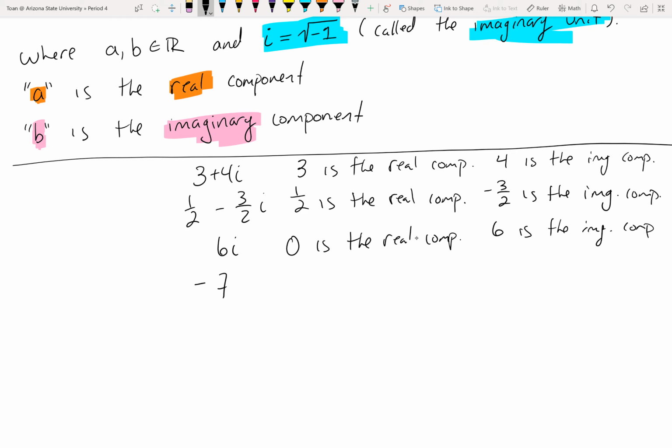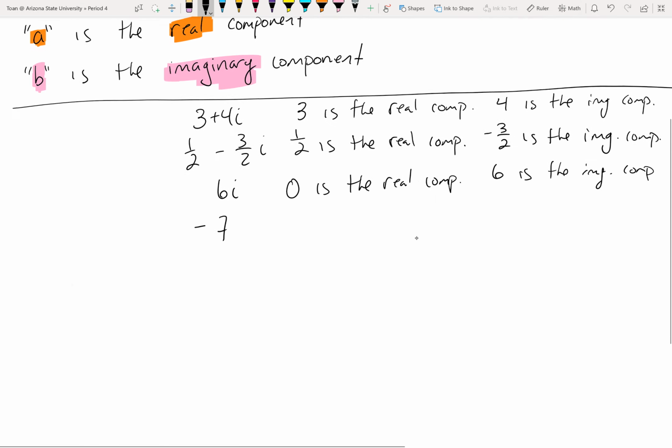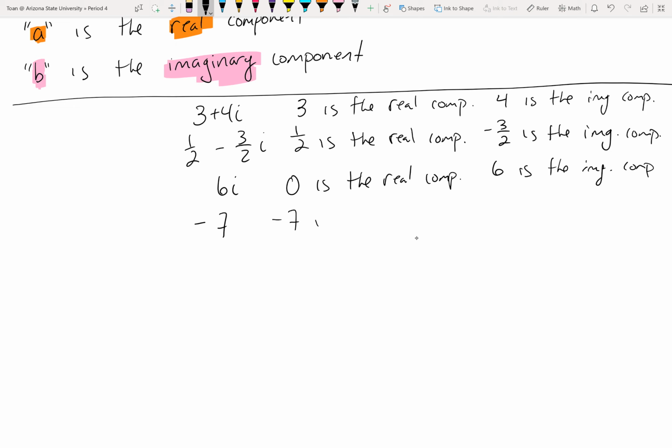And for the last example, it's the same but flip-flopped. -7 is the real component, and 0 is the imaginary. So that's the complex in complex numbers. The word complex in this context simply means more than one. It doesn't mean difficult, it just means more than one piece.